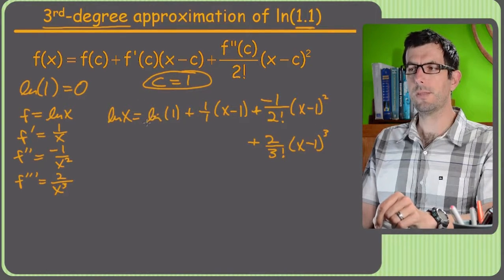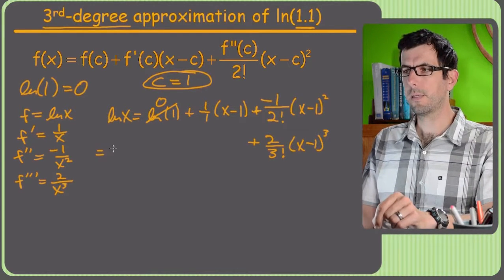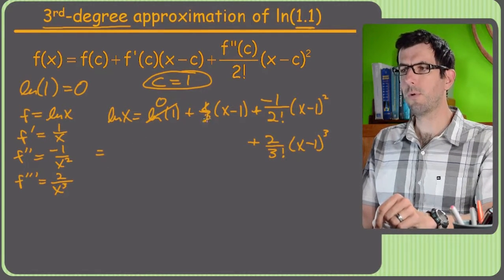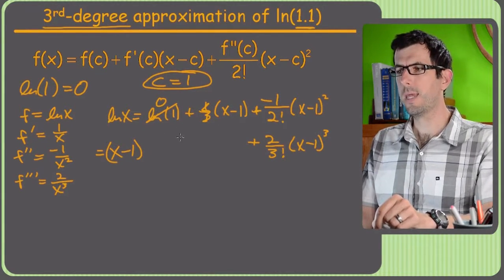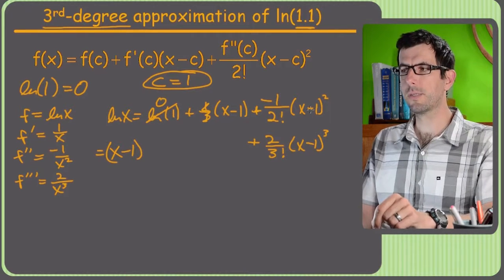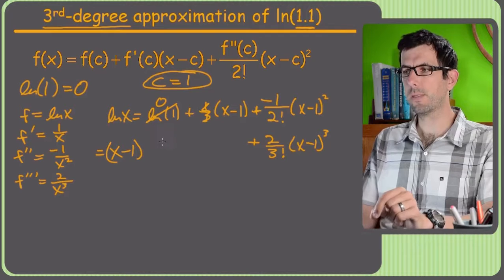All right, so ln 1 is 0, so that term goes bye-bye. So ln of x equals, don't need that 1 really, so we got x minus 1. And I'm going to leave that in parentheses just because there's so many x minus 1s that whenever I see an x minus 1, might as well just leave it in parentheses.